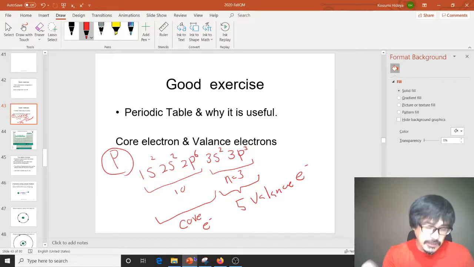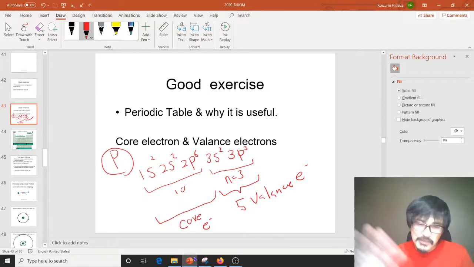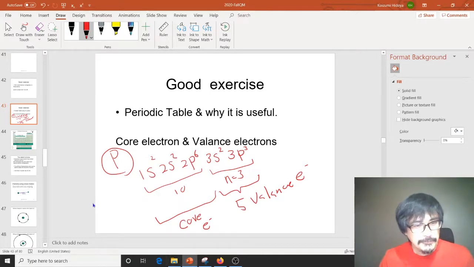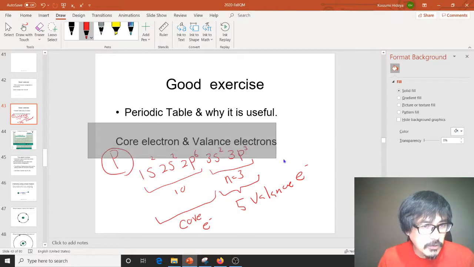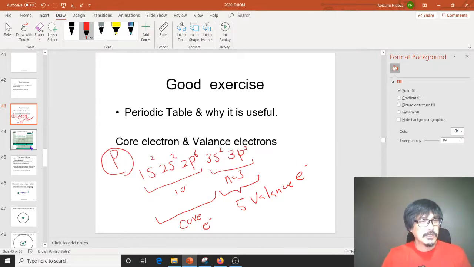Technically speaking, you can't pinpoint the position, so it doesn't really have an orbit shape, but electron clouds tend to stay outward compared to the core electrons. So now I hope you got the idea of core electrons and valence electrons.